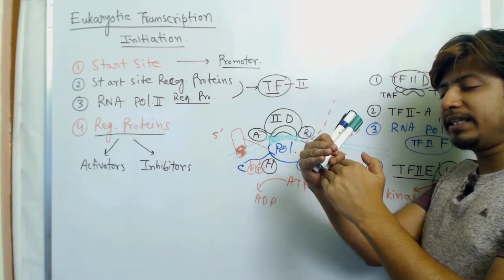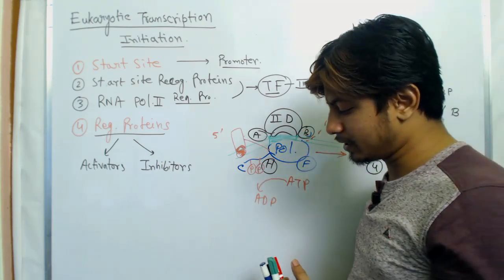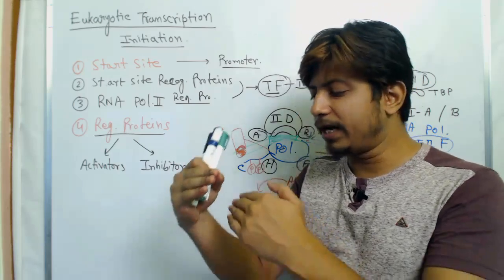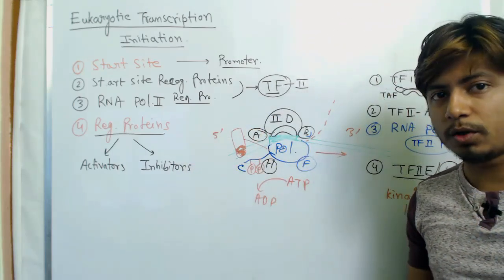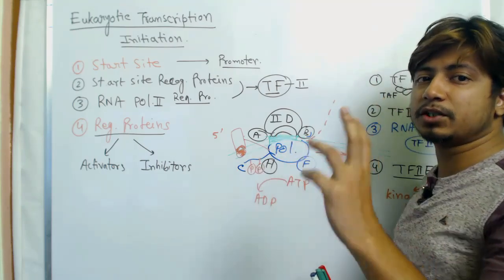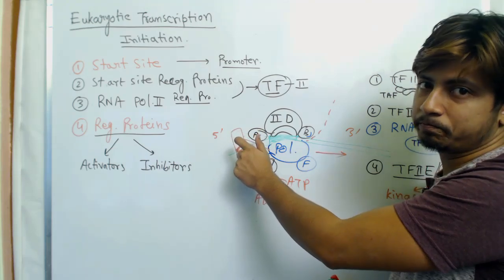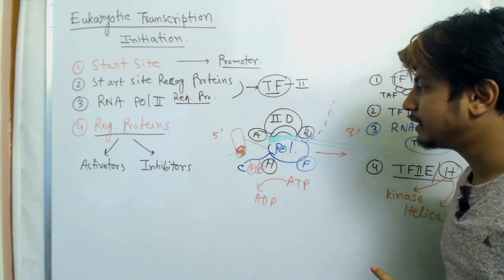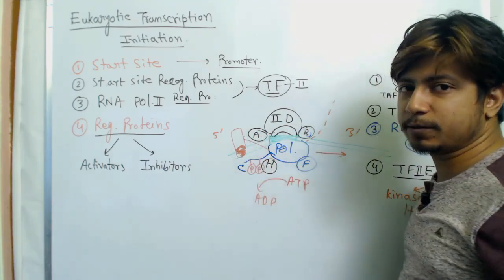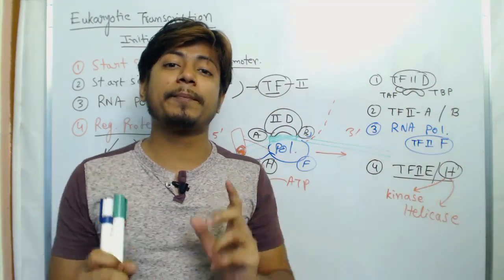Once the DNA is melted, we call it an open complex, and while it's blocked, we call it a closed complex. So the transition from closed complex to open complex is also very important, and it can be prevented by this repressor.